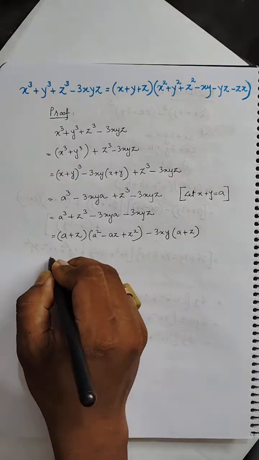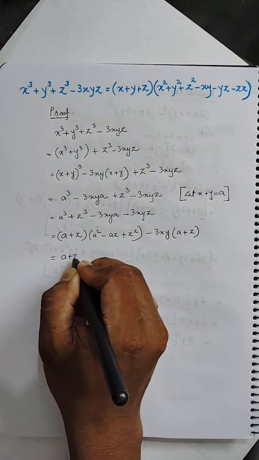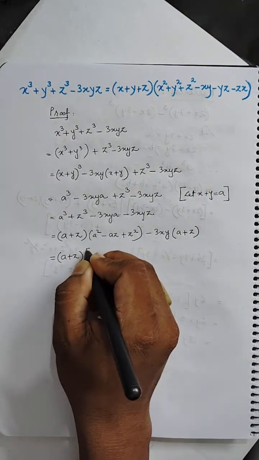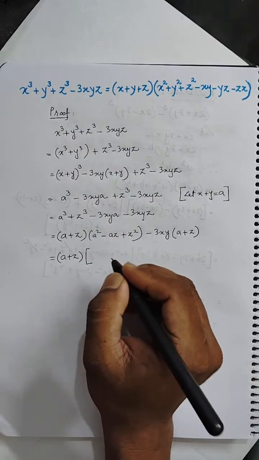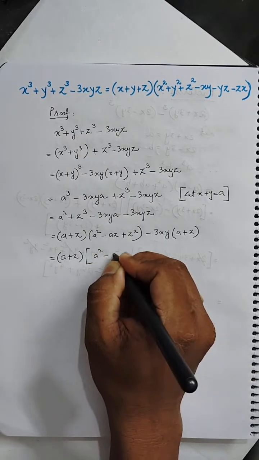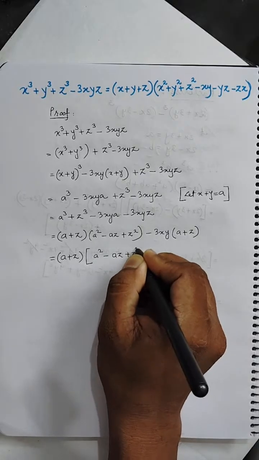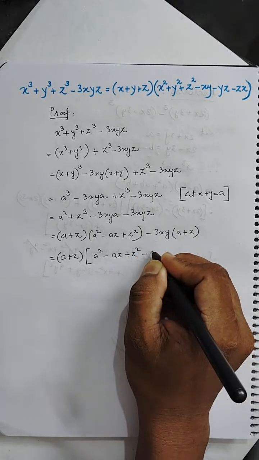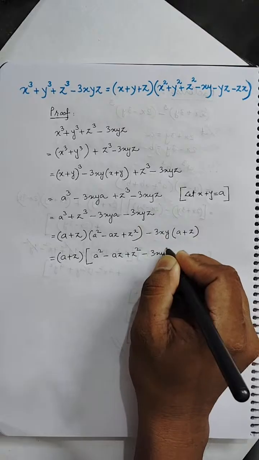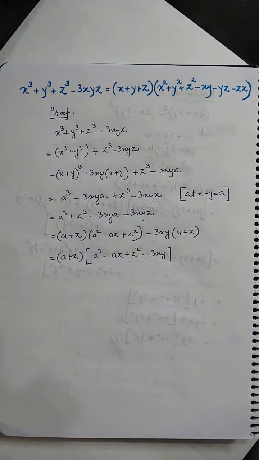So we'll take a plus z as the common factor, and write the remaining part: a square minus az plus z square minus 3xy. Okay, so I hope this is clear up till now.